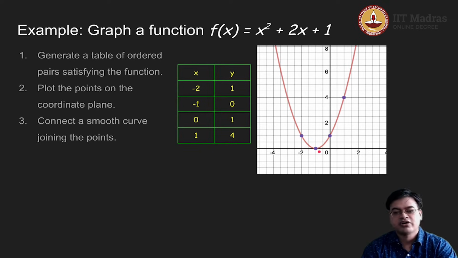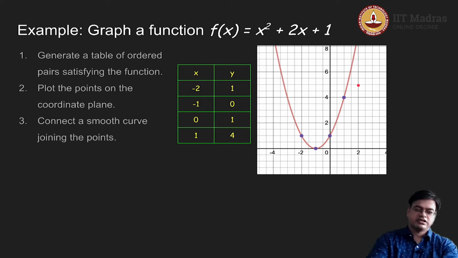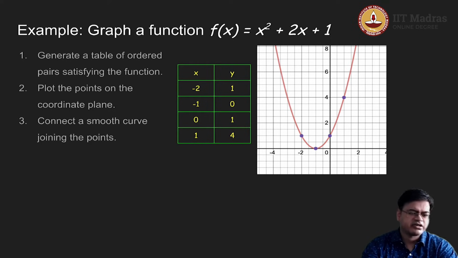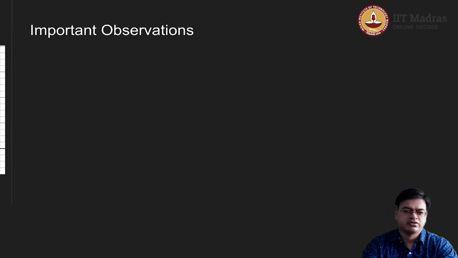This also can be called as a symmetry of a parabola. We will study this later in the next slide. So right now our job is to graph a function which we have plotted, and let us explore further properties of this parabola, like this symmetry. What is the meaning of this symmetry and all those things?